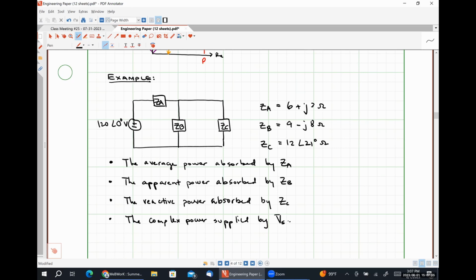So the first thing that I want to point out here, and I'm pointing this out because some of your homework problems are set up this way as well. The circuit as we are given here is in the frequency domain. However, all of our complex power relationships are carried out in the RMS phasor domain. So how do we switch from the frequency domain to the RMS phasor domain?